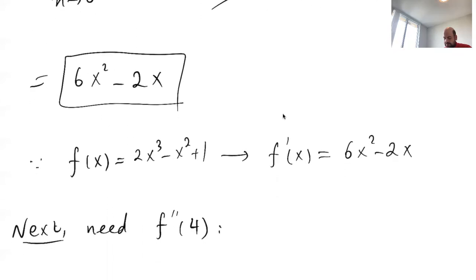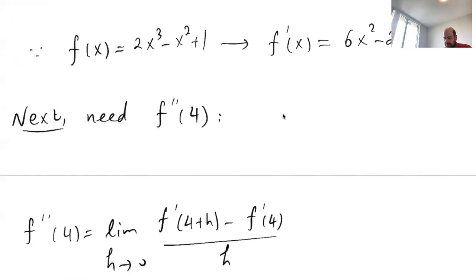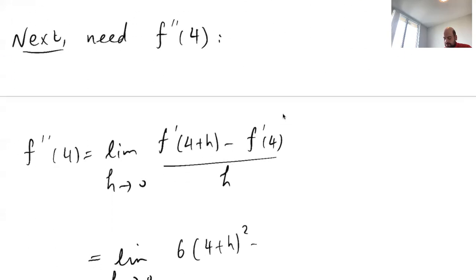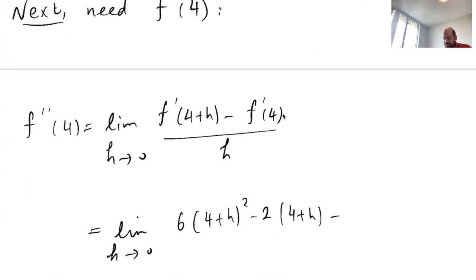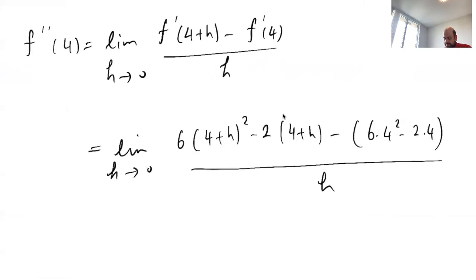This function here, 6x squared minus 2x. So 6 times 4 plus h squared minus 2 times 4 plus h, minus 6 times 4 squared minus 2 times 4, divided by h.